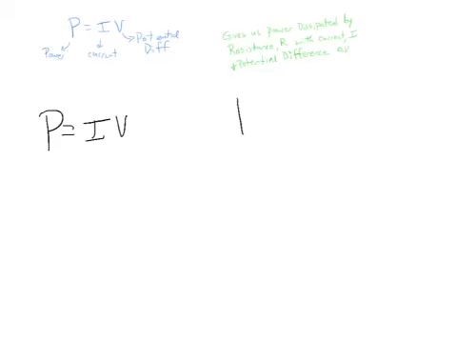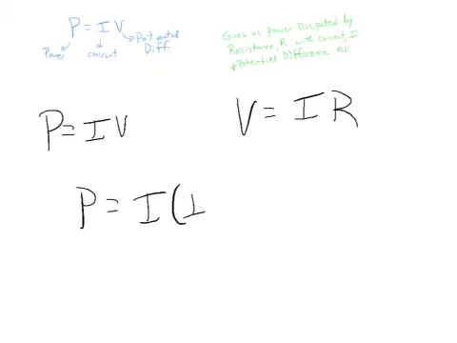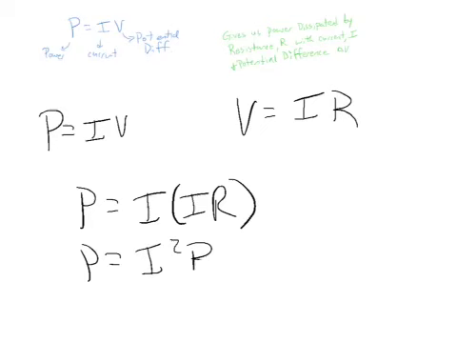And then we're going to apply Ohm's law to this. The first thing that we see here is we have P equals IV and we have V equals IR. So we can take IR and put it in right over here, and we end up with P equals I times IR, simplified into P equals I squared R.